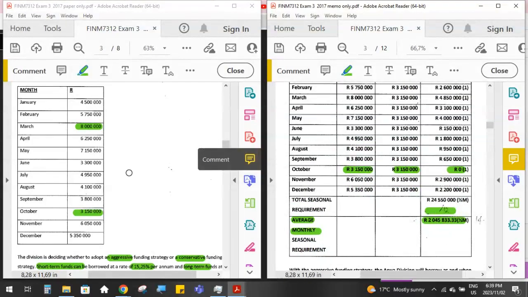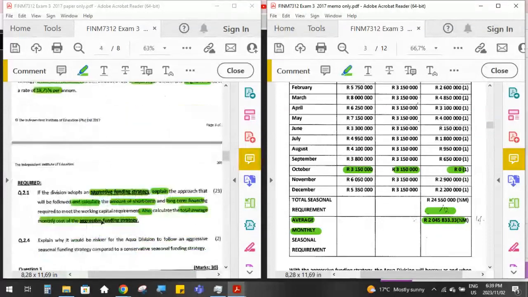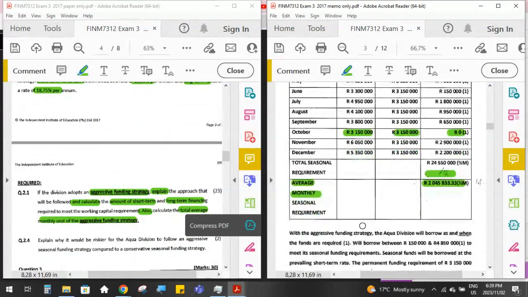Okay, so that's the first part of the question, which said, if we adopt aggressive, explain the approach. So the explanation is here underneath. And calculate the amount of short term. We've got that as 3150. Sorry, the other way around, 3150 is going to be our long-term amount, and our short-term amount is going to be the average monthly amount.